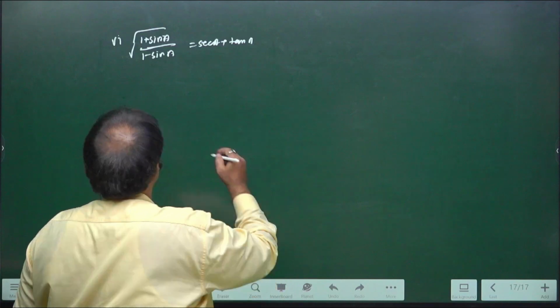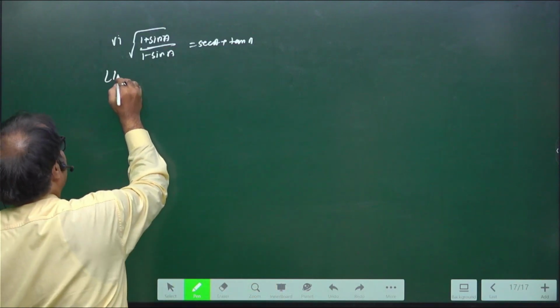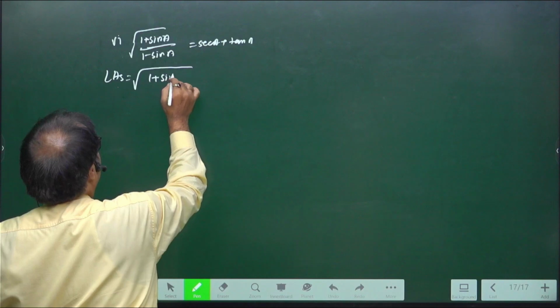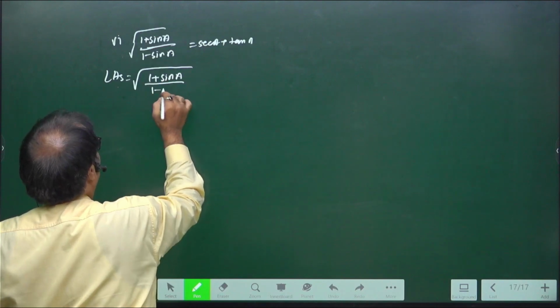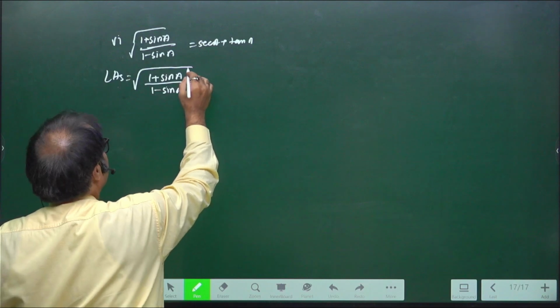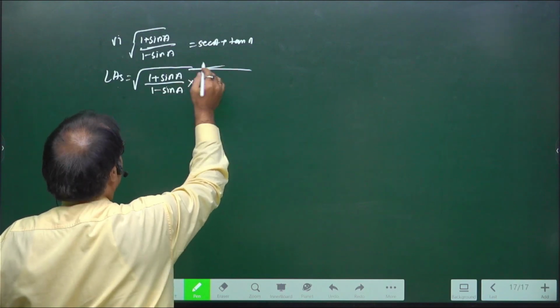Okay, so taking the left hand side, LHS is equal to root over 1 plus sine A upon 1 minus sine A, and rationalize means multiply by the opposite sign of the denominator.